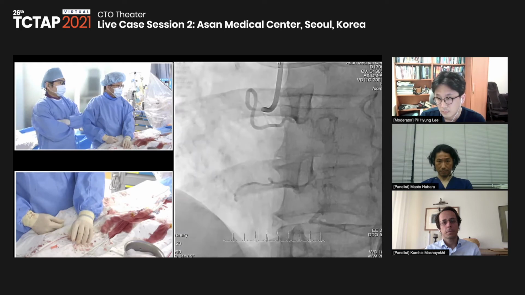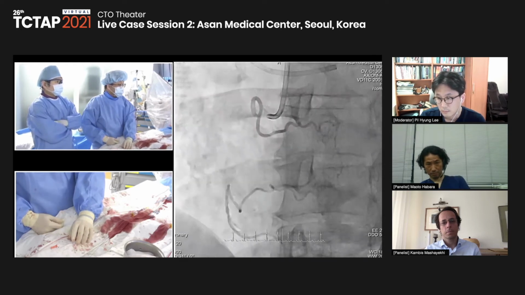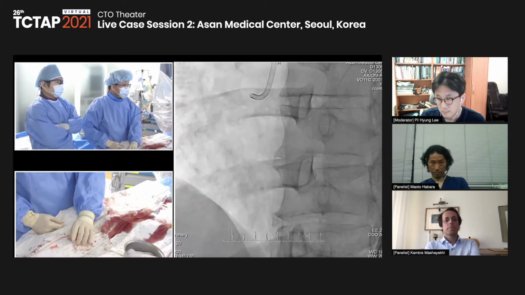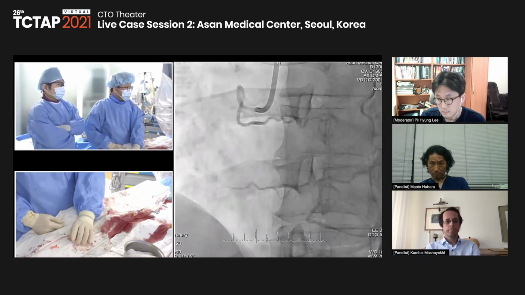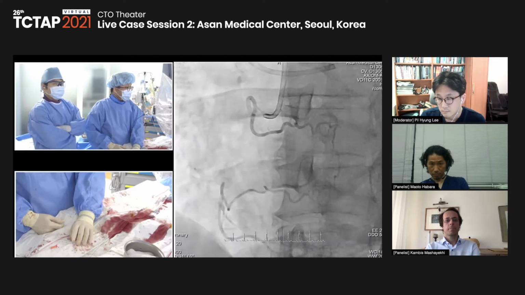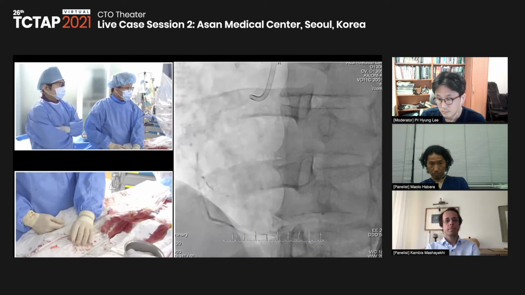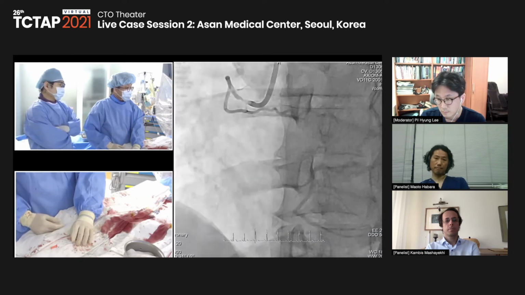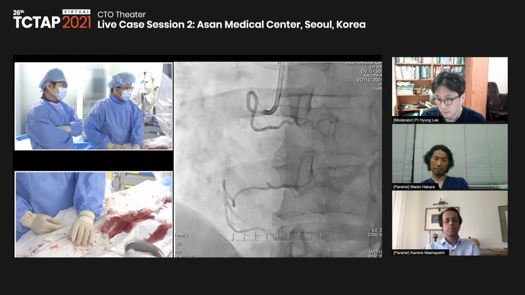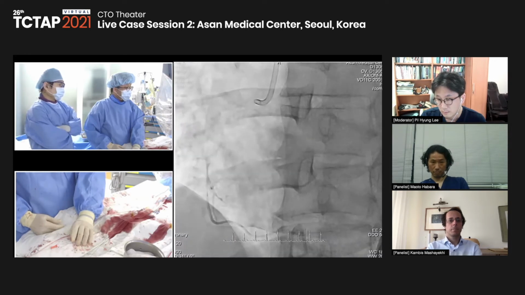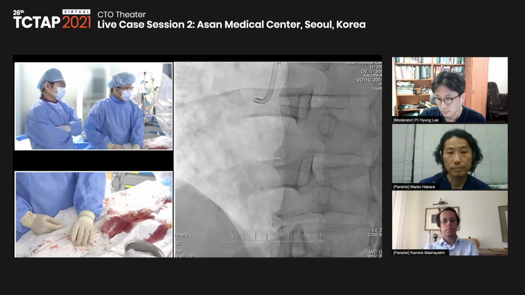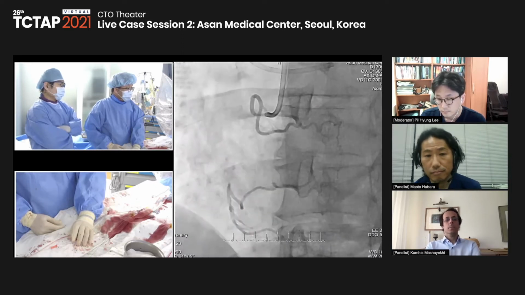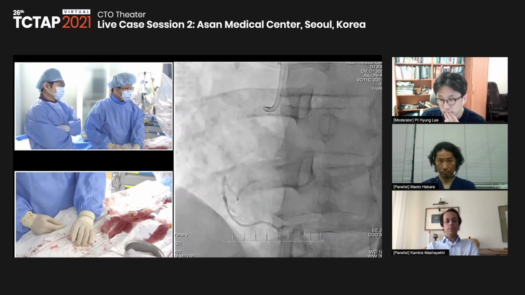You can see that the epicardial collateral is intact, and the stump is very blunt, and we have an island. There may be some microchannels or space induced by the reverse CART at the previous procedure at the proximal portion of the island, and there are some microchannels at the distal portion of the island.